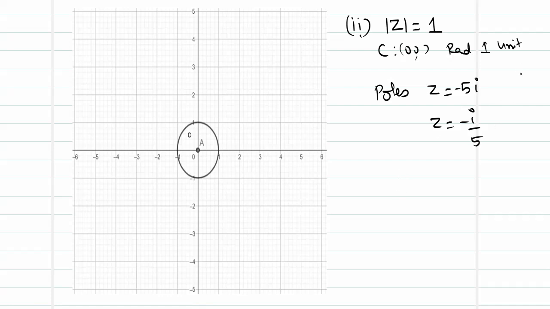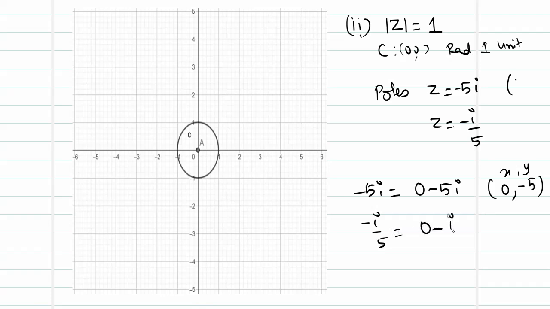In the coordinates, this turns out as, the real part is 0 because minus 5i can be written as 0 minus 5i, in which case I can write it as 0 comma minus 5 as the x comma y coordinate. Minus i by 5 can be rewritten as 0 minus i divided by 5, real part being unavailable, so 0 comma minus 1 by 5.